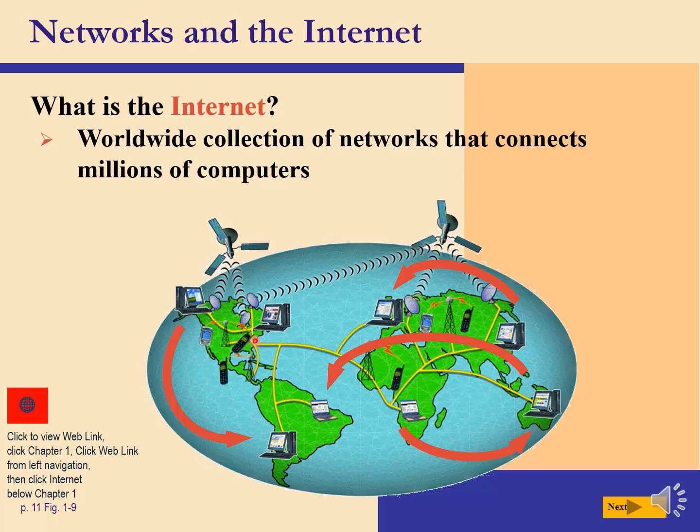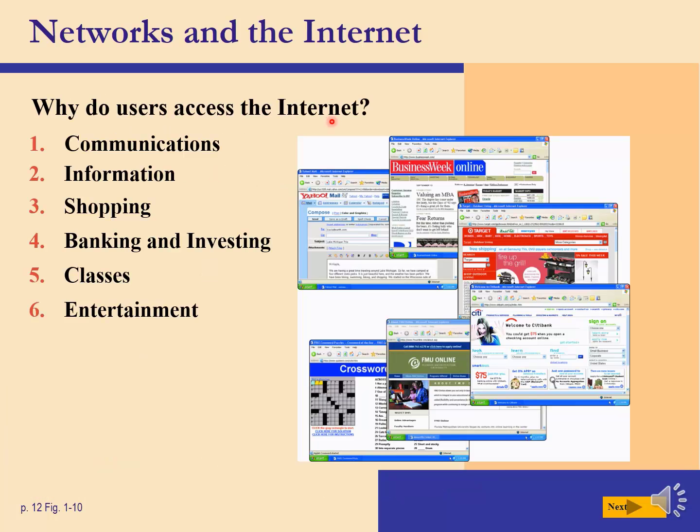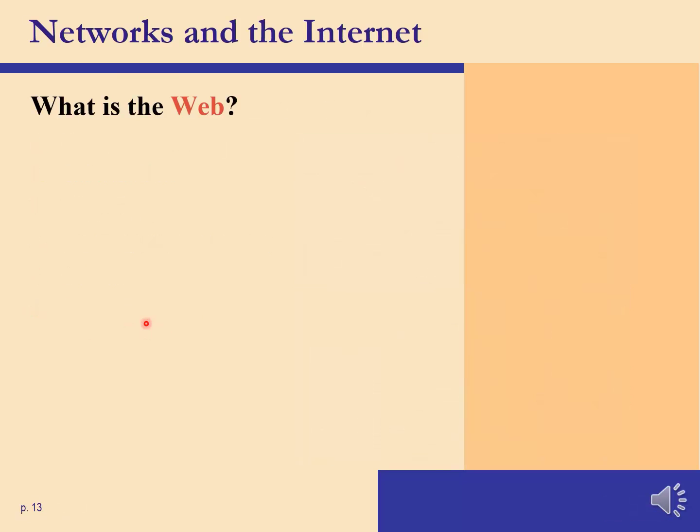So the internet connects all these networks together. Why do users access the internet? Users access the internet to communicate, to get information, to shop, for banking and investing, for classes, or for entertainment.